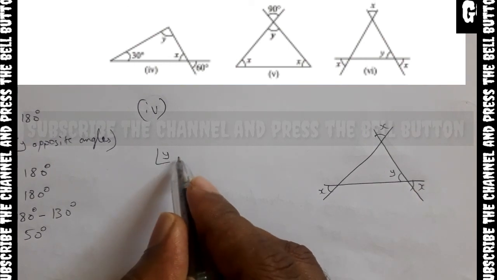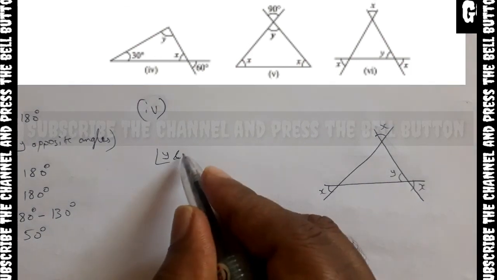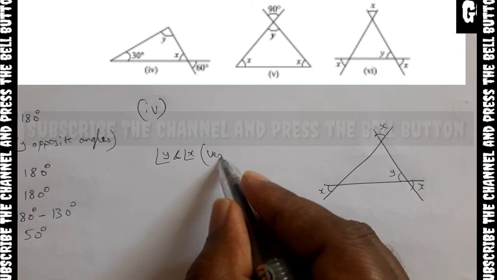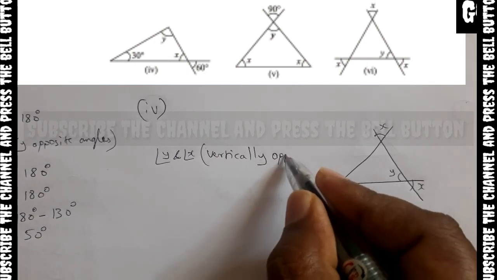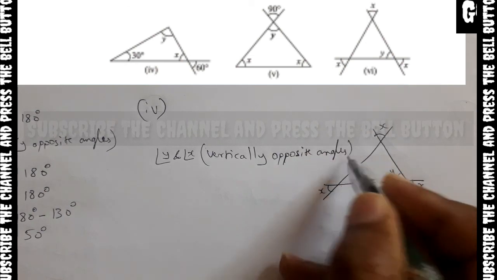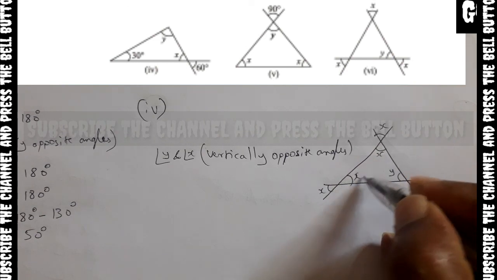Angle y and angle x are vertically opposite angles. Same as it is here also. Here also x is coming, here also x is coming.